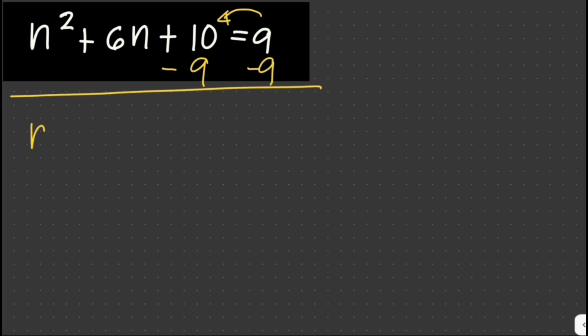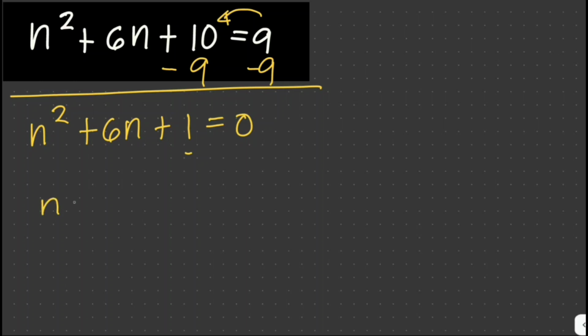So this is just n squared plus 6n plus 1 equals 0. Now let's try if we can factor this. Factors of 1 are only 1 and 1, and when we add them up, it won't give us a sum of 6. So in this case, we can use the quadratic formula.